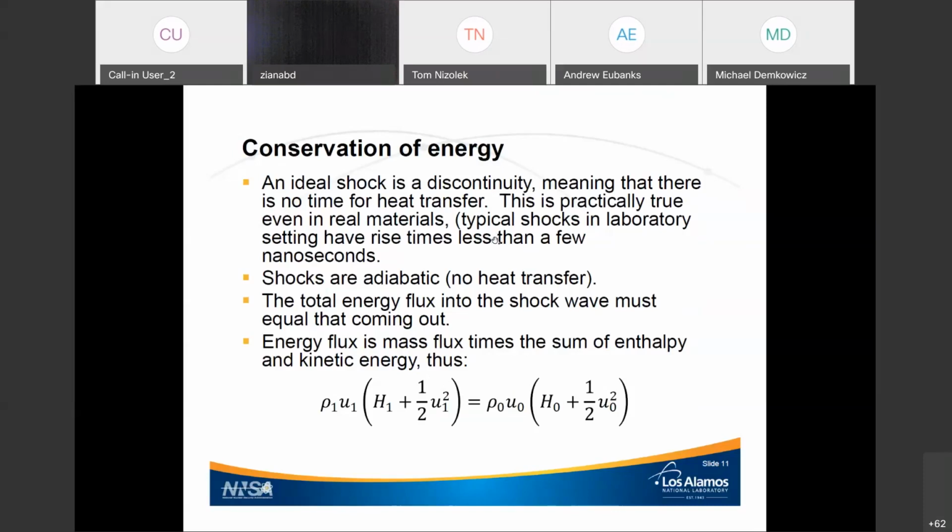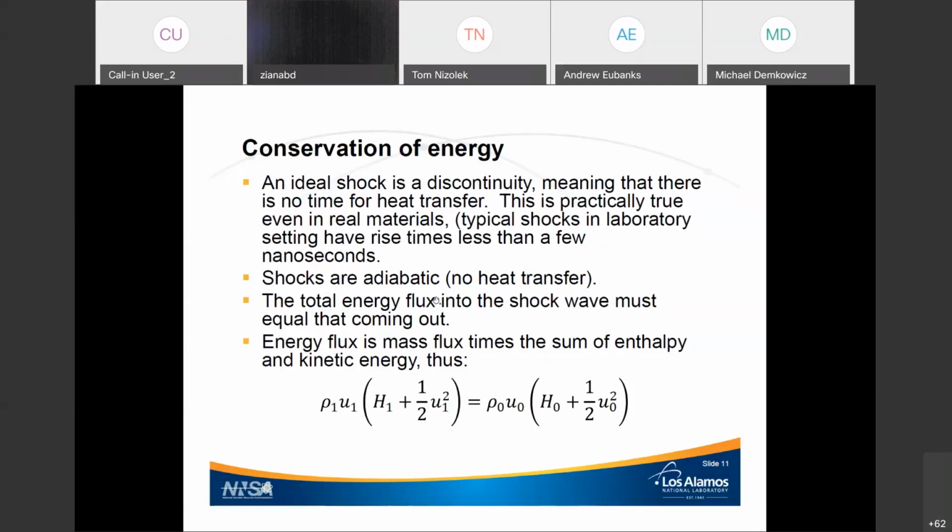Maybe 2 or 3 nanoseconds for really slow rises. As a result of that, there's essentially no time for heat transfer. Therefore, shocks are adiabatic. I mentioned that.